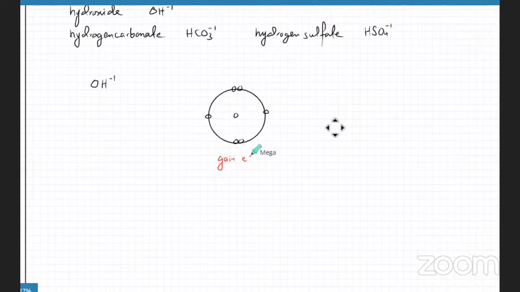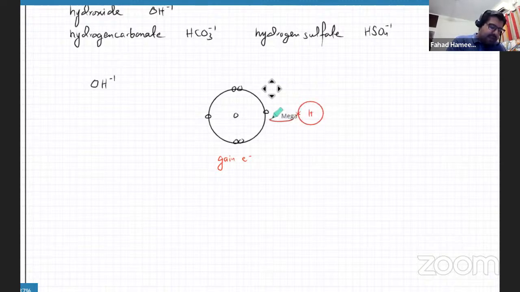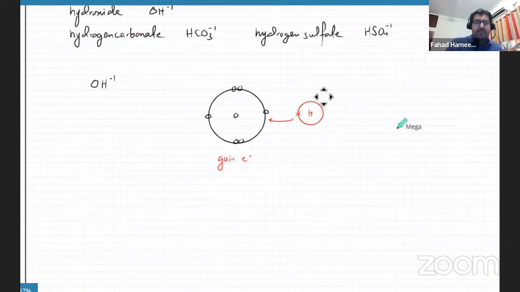It's missing 2 electrons, and that's the maximum it can gain because there's only space for 2 electrons. So what if it sees a hydrogen atom? It will try to attract hydrogen's electron and pull it towards itself.